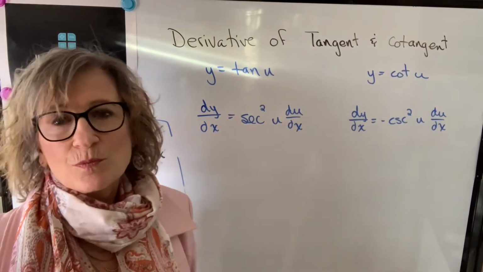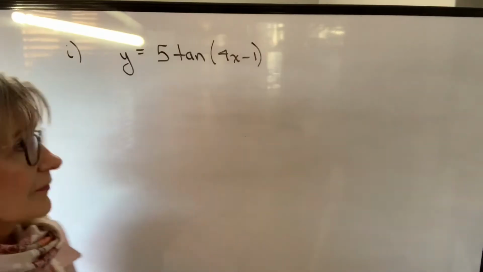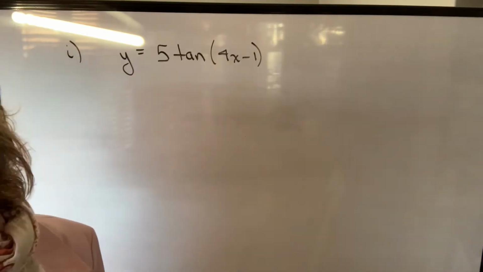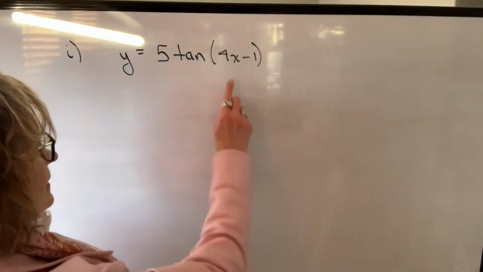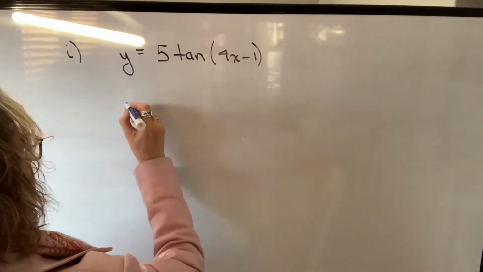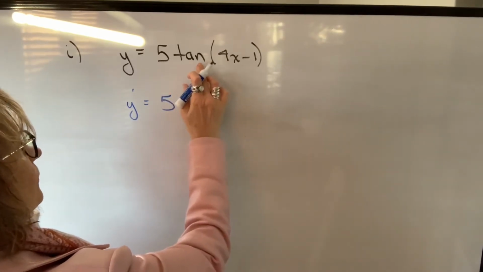So let's just use these formulas in doing some derivative examples. In our first example, we have y equals 5 times the tangent of 4x minus 1. So in this case, our u is 4x minus 1. So we take the derivative of this and plug into our formula.